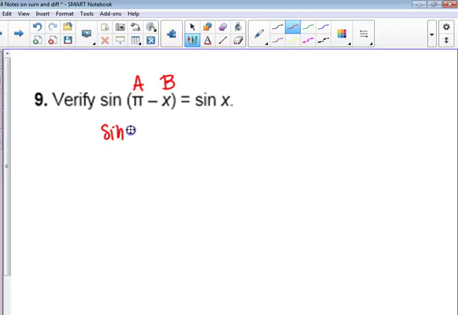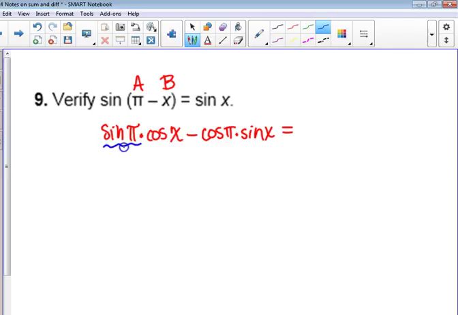And a is pi. And cosine of b, which is x, minus. Everybody knows I'm not distributing or anything crazy. I'm using the sheet. Cosine of a, which is pi, times sine of b, which is x. So I traded the left-hand side out. Now what can I do? Yes.